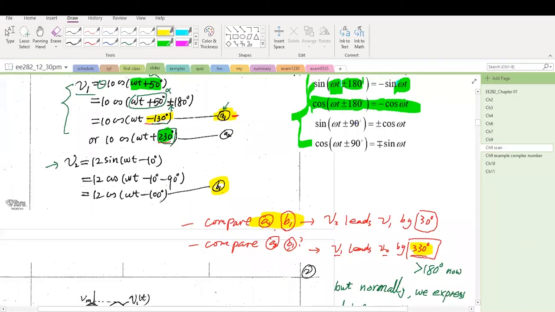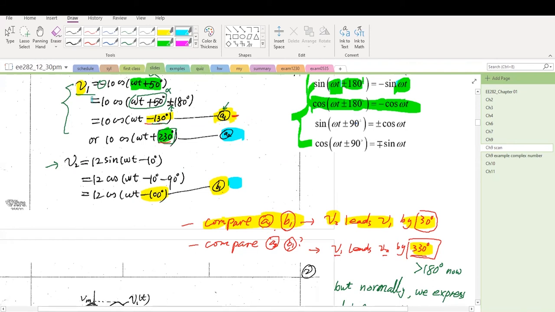Now if we compare A1 and B1, we can see V1 has a phase of minus 130 degree, and V2 has the phase of minus 100. Therefore, V2 leads V1 by 30 degree. Now, how about if we compare A2 and B1?